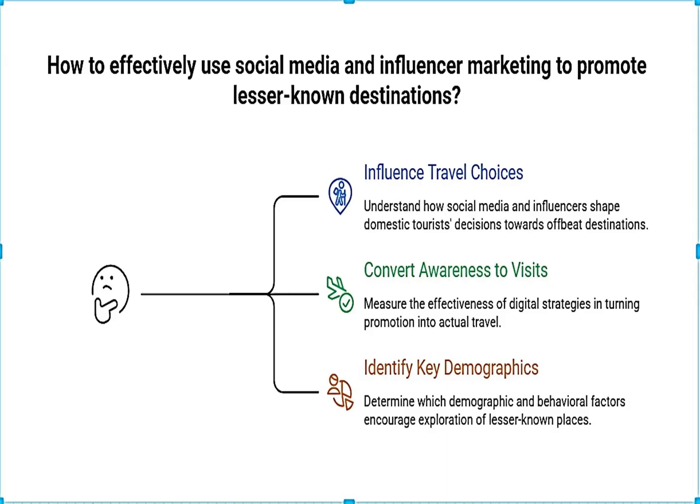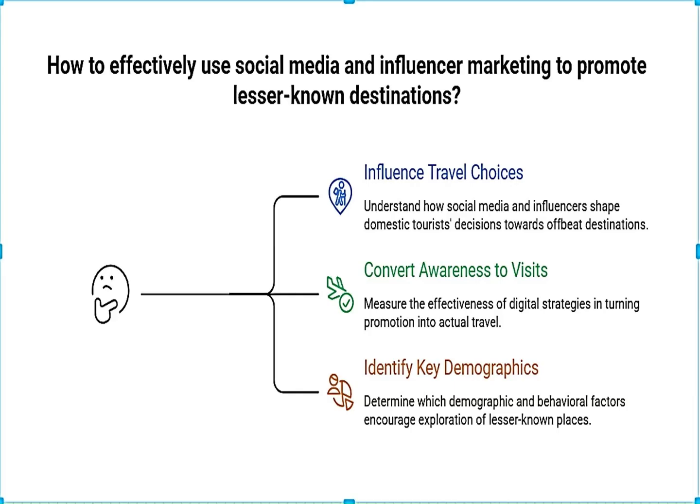Research questions. In what ways do social media marketing efforts and influencer activities influence the travel choices of domestic tourists, particularly towards lesser known destinations? How effectively do these digital strategies convert awareness into actual visits rather than remaining at the level of promotion alone?